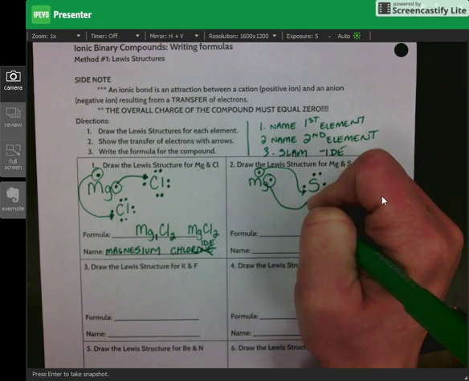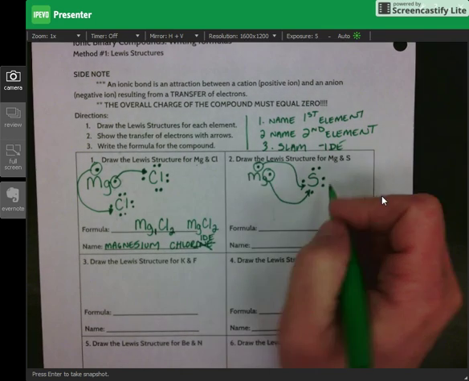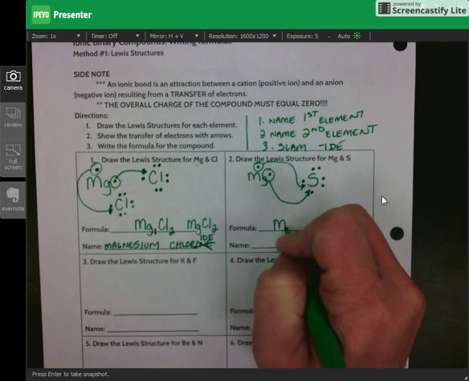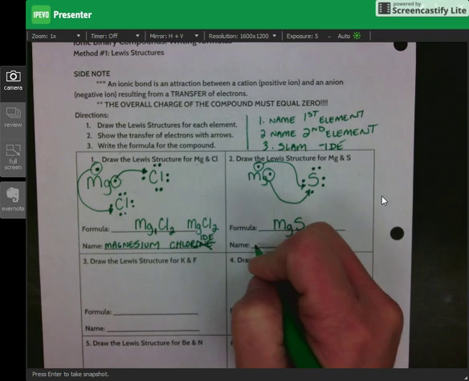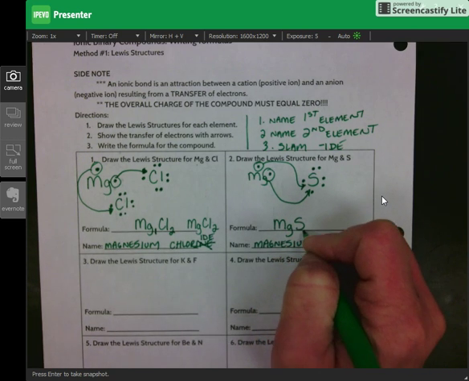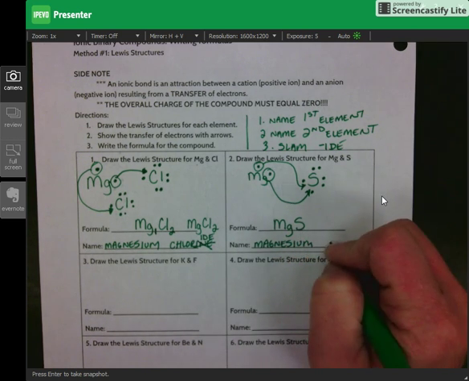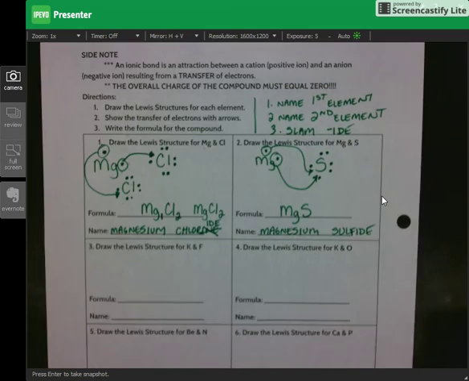This guy is going to give it here. And everybody's happy. So the way that we write the formula, we only used 1 magnesium and 1 sulfur. The way that we name it, we name Mg, which is magnesium. We name sulfur, and then we slam IDE. So it would be sulfide.